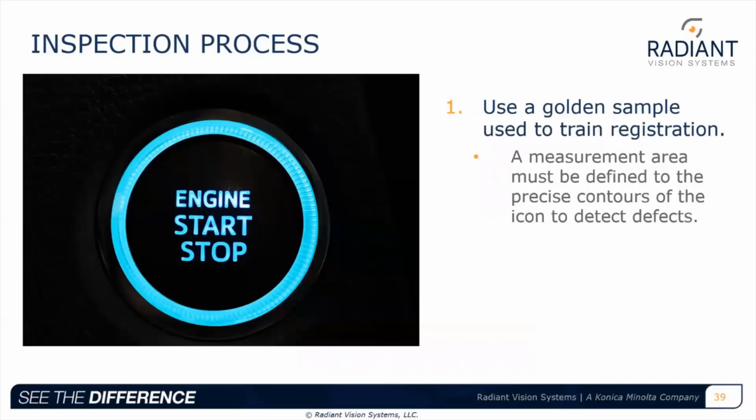Now, knowing that the registration is critically important, why don't you explain what the registration routine looks like in our software, Chris? Yeah, let me give a high-level overview of what is really happening in the software. So first, we will use a golden sample to create a model that subsequent measurements will be located and compared against.